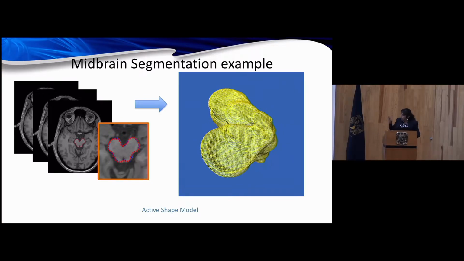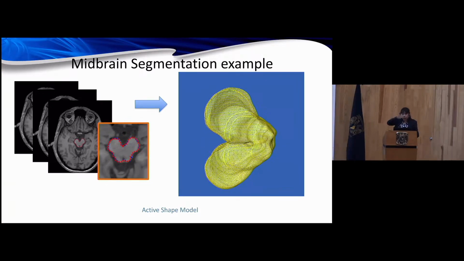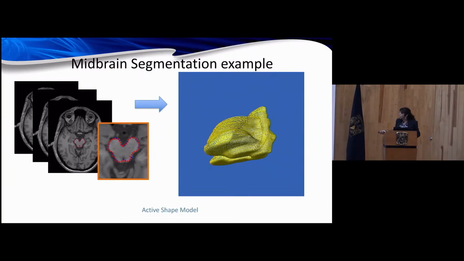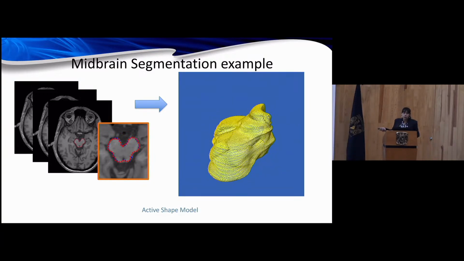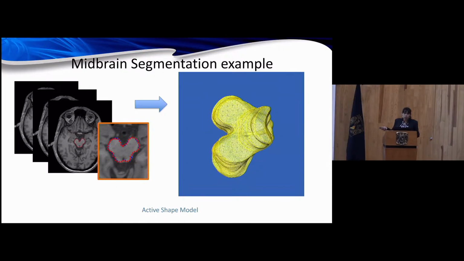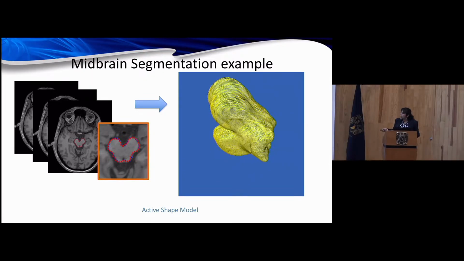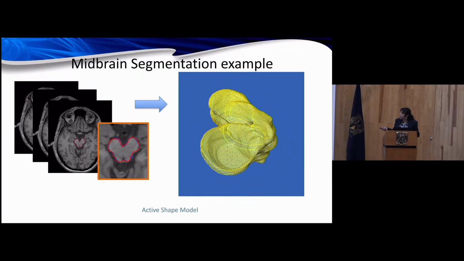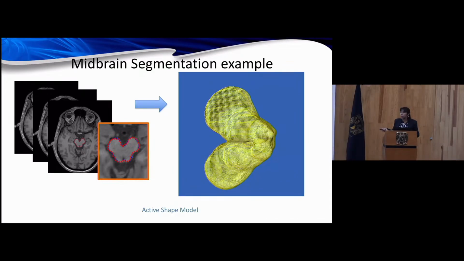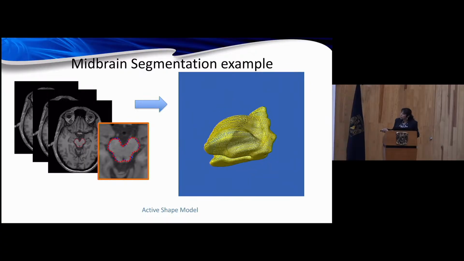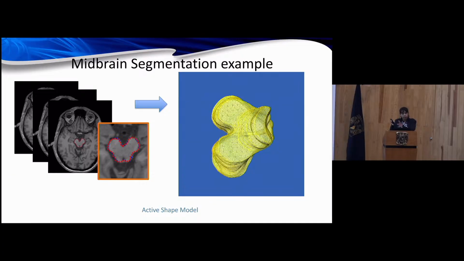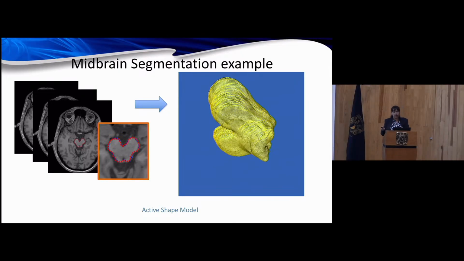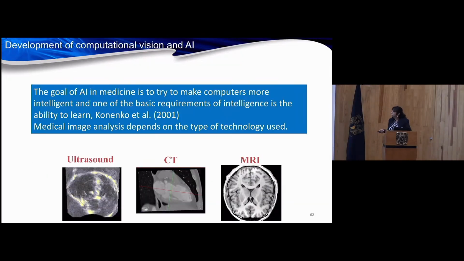If I do it in all the CT images, all the tomographic images, I can get a volume, no? A volume representation of this. And the idea of the active shape models is that these organs have a specific shape. Like here you could see something like a butterfly, no? So I add that information to the algorithm previously.